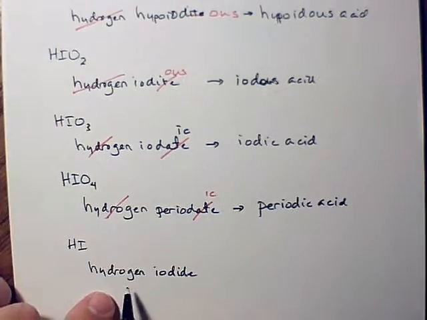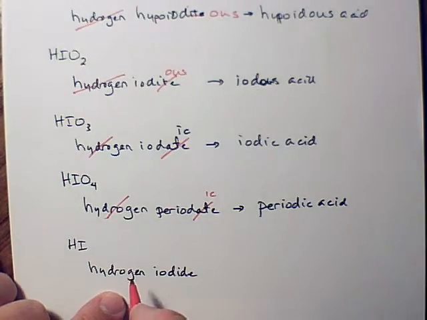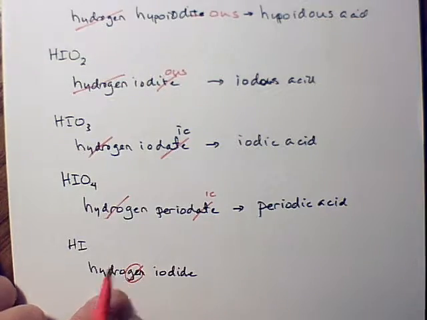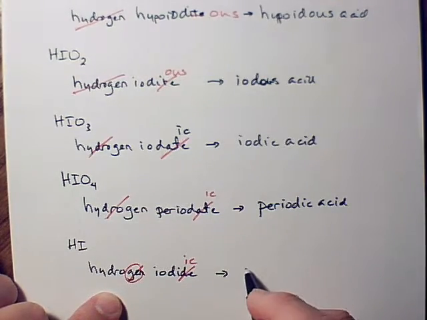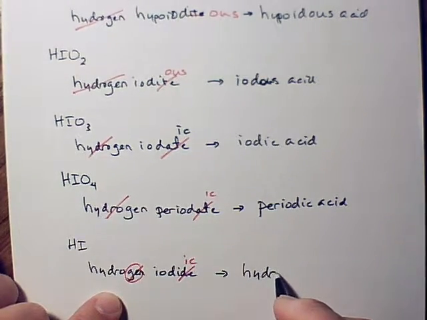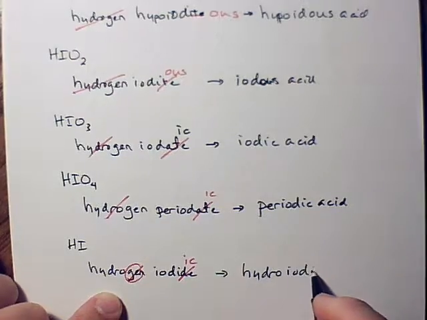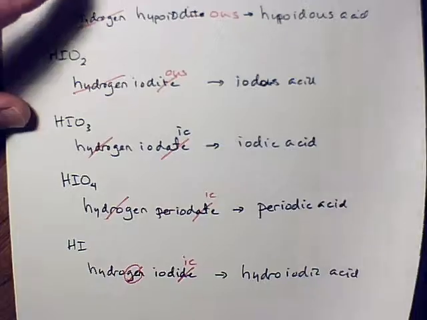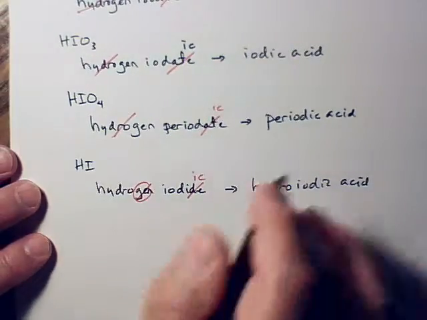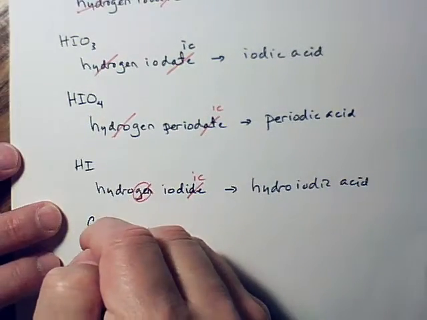So what we're going to do is change hydrogen to just hydro. We're only going to drop the gen here. IDE becomes IC. And so this then becomes hydroiodic acid.